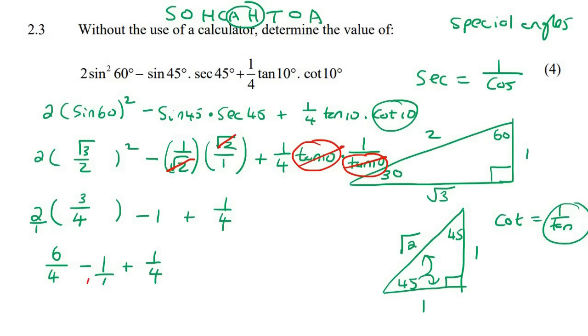So you're just going to multiply this bottom part by 4, and what you do to the bottom, you do to the top. Let me write this a little bit better. So it's minus 1 over 1. Okay, so we're going to multiply bottom by 4 and the top by 4, because what you do to the bottom, you do to the top. And so this is going to give us 6 over 4 minus 4 over 4 plus 1 over 4. So that's going to give us 6 minus 4 is 2. 2 plus 1 is 3.